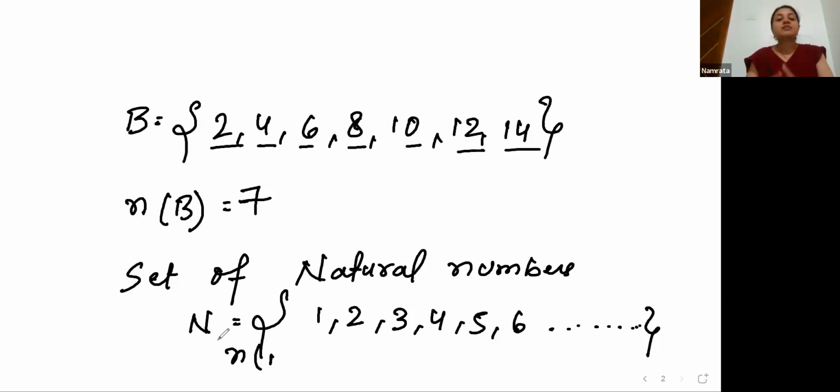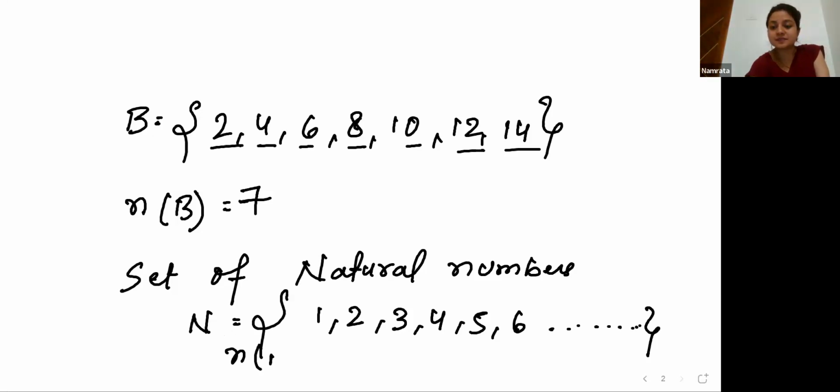But infinite sets are sets where we will not be able to count the number of elements. So the set of natural numbers and the set of real numbers are examples of infinite sets, where infinitely many elements are there.